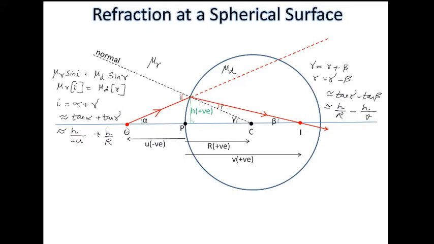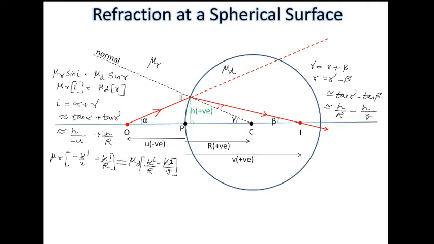So the base of this side can be replaced with u, but then u is supposed to be a negative number according to our sign convention, but this ratio has to be a positive number because this angle is a positive angle. So we put a minus sign so that it makes mathematical sense. Similarly for tan gamma, opposite is h, by adjacent is radius of curvature R, which is positive in this case, so we don't have to put a minus sign here. Similarly here also we don't have to put a minus sign for R and v because they are already positive.